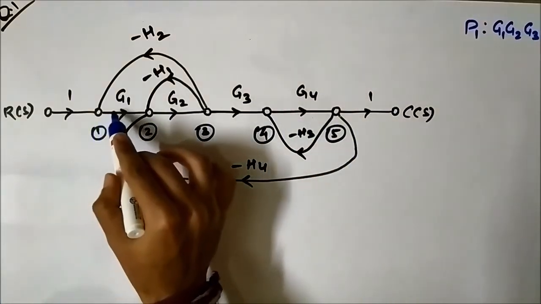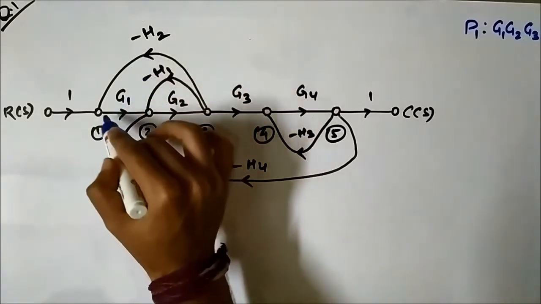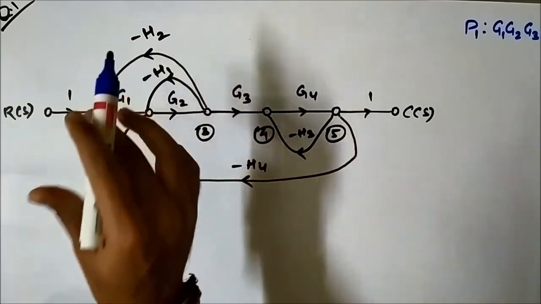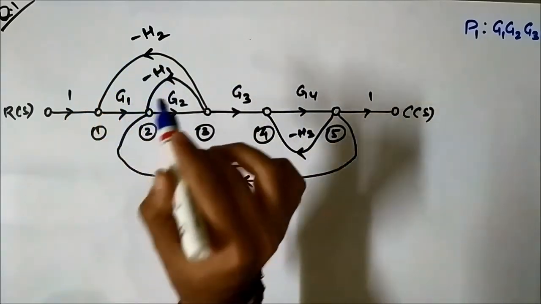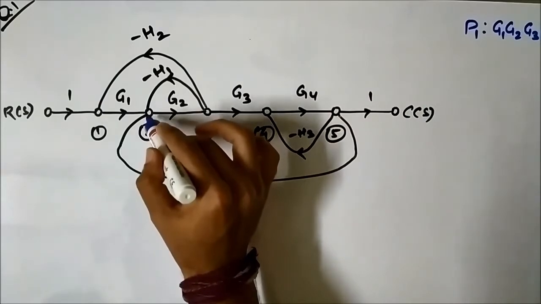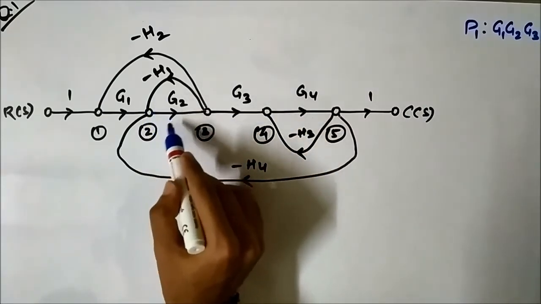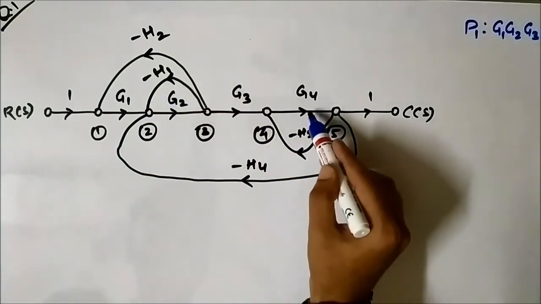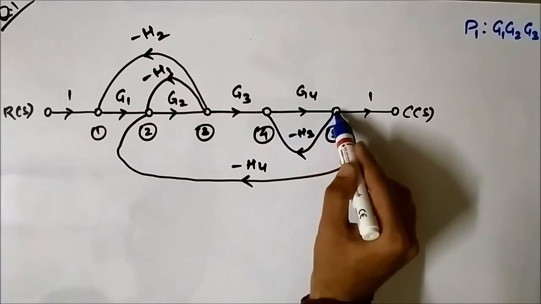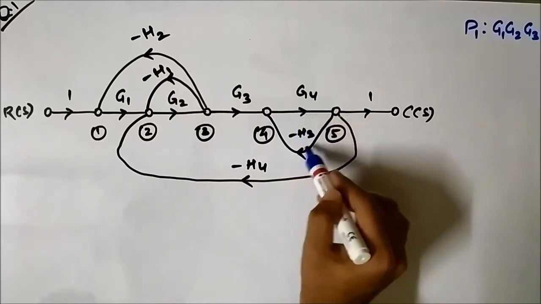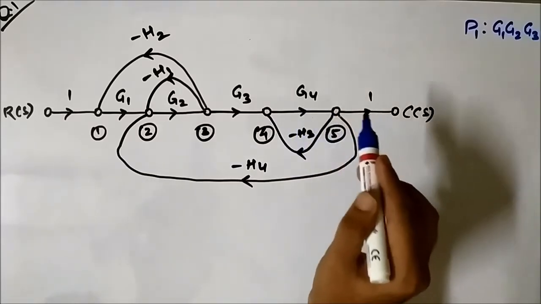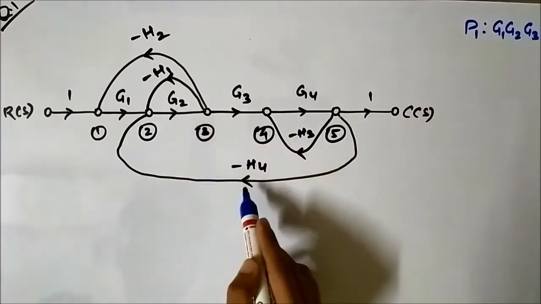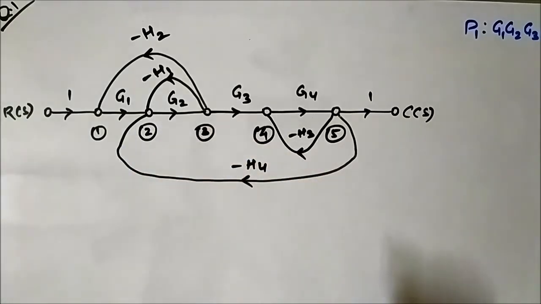If a node has both an outgoing arrow and an incoming arrow, like this node here, it has some loop associated with it. Similarly node number 2 has an outgoing arrow and an incoming arrow, so it has a loop. Similarly node number 5, and node number 2 again, have both incoming and outgoing arrows, so they have loops.